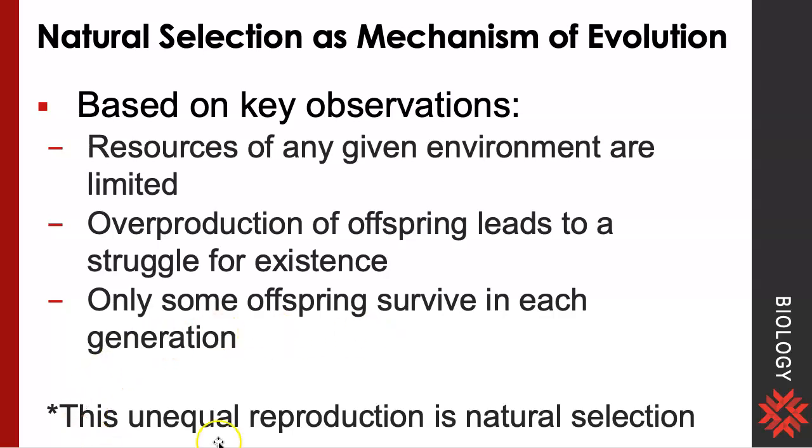So this leads to unequal reproductive success, meaning that some of these organisms are going to be very successful at getting the resources they need in order to have lots of offspring, whereas others aren't going to be successful, so they are going to have few, if any, offspring. So, an unequal amount of offspring.